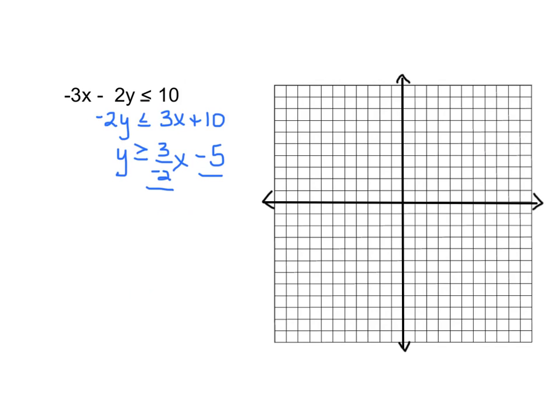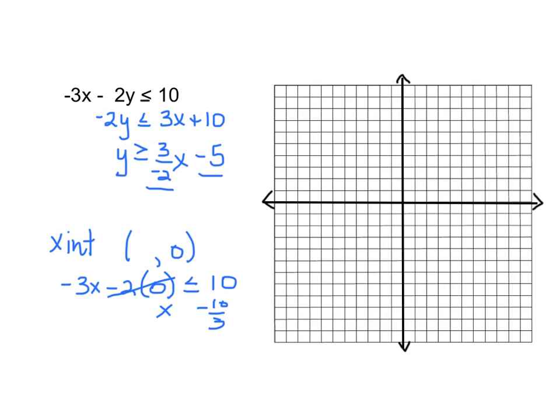The other way I could do it is with intercepts, and just knowing that my x-intercept is when y equals 0. So if I plug in negative 3x minus 2, I'm going to plug in a 0 for the y, subtract 0, so that's going to cancel, divide by negative 3, x is negative 10/3. Okay, so the x-intercept is going to be negative 10/3.